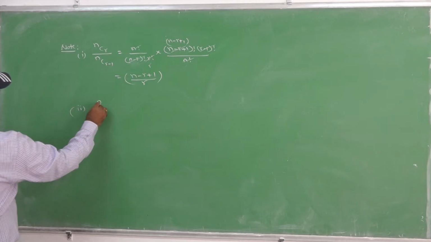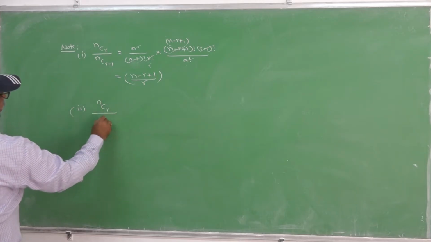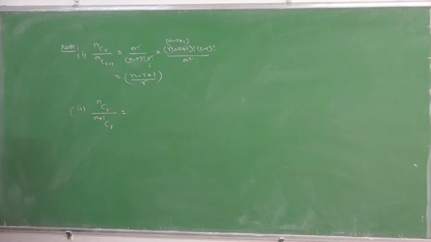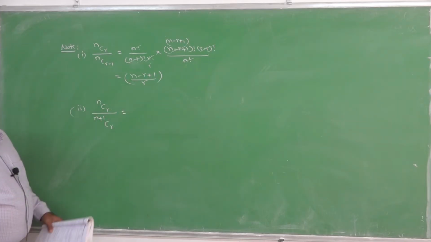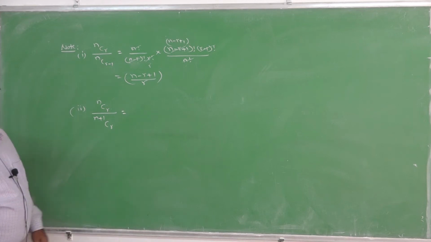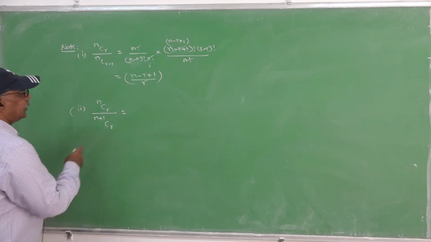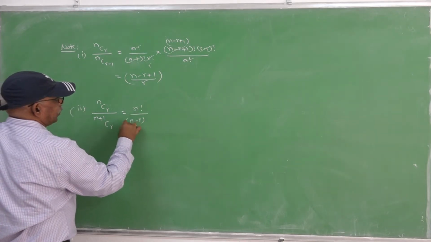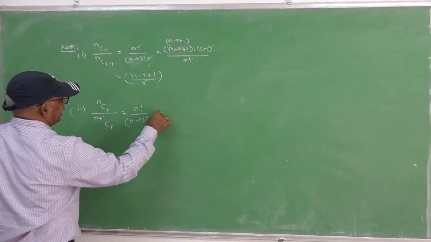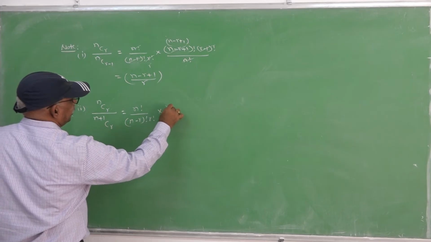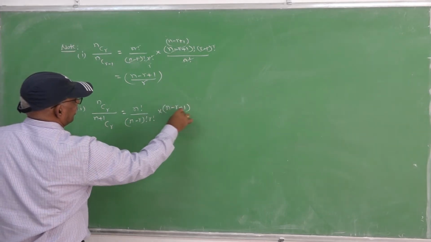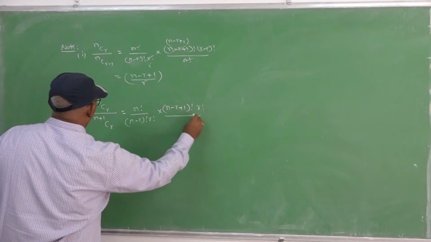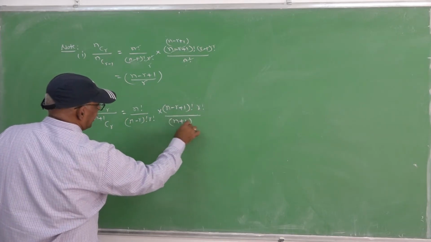Whereas nCr by n plus 1 Cr. I am increasing this one index, nCr by n plus 1 Cr value. That is n factorial by (n minus r) factorial into r factorial, into (n minus r plus 1) factorial into r factorial by (n plus 1) factorial.